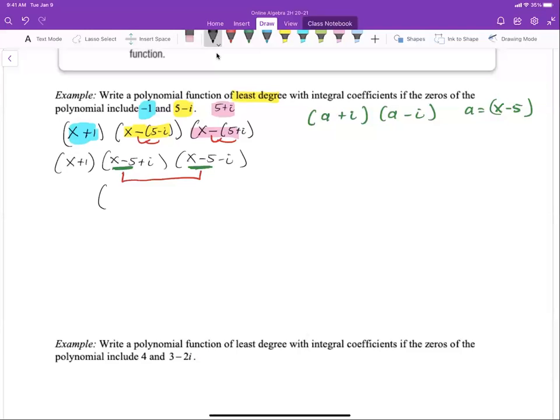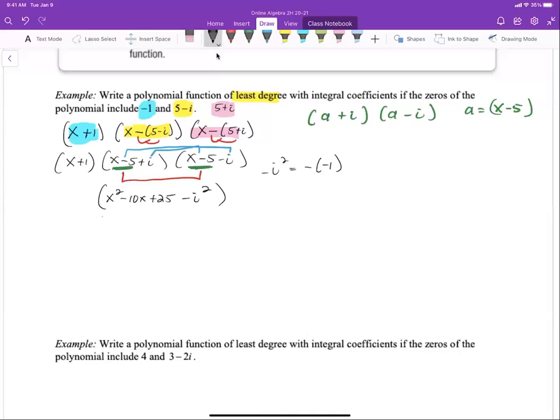X minus 5 times x minus 5 is x squared minus 10x plus 25. Then hopefully you see that if I multiply this unit times a negative i and that unit times a positive i, they cancel. Then I can multiply the positive i times the negative i, and I get a negative i squared. What is negative i squared? Negative i squared is equal to negative 1, so it's a positive 1.